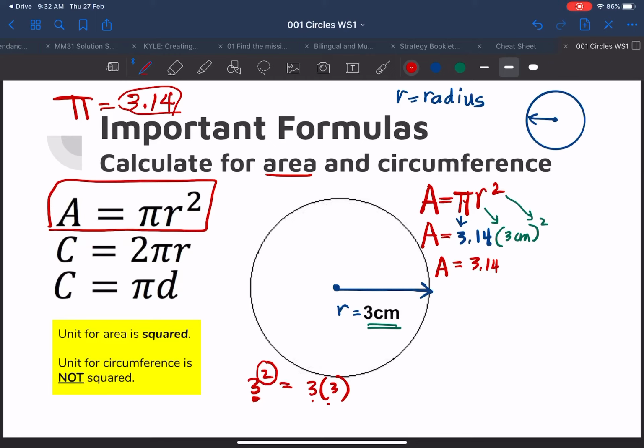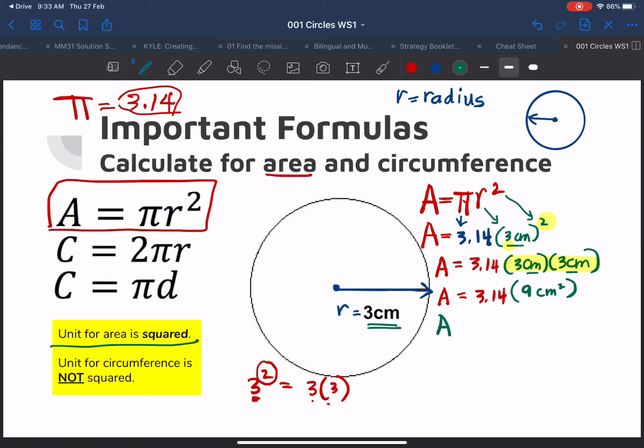So to avoid confusion, I am just going to expand this: 3 cm times 3 cm. 3 cm squared is 3 cm times 3 cm. So let's continue. A is equal to 3.14 times 3 times 3 is 9, and then we have 2 cm's there, squared. That's where the square comes from. See, unit for area is squared.